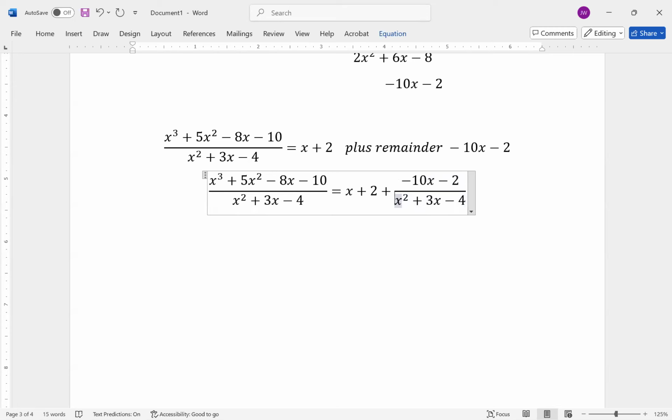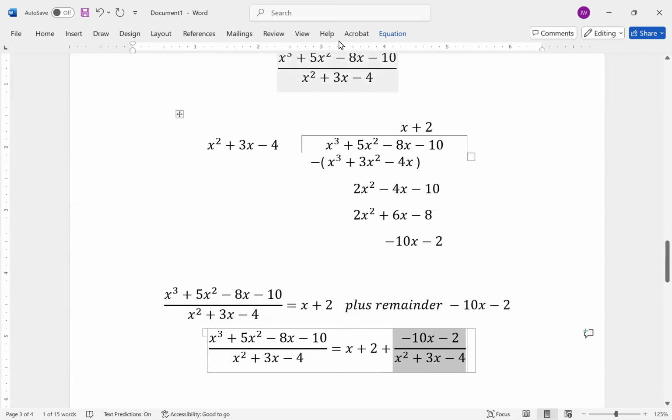So that's another way you can write that. So either remainder negative 10x minus 2, or the remainder is actually the part which you can't divide, that you haven't divided by that divisor yet. So either way is all right. But that's the idea of long division.